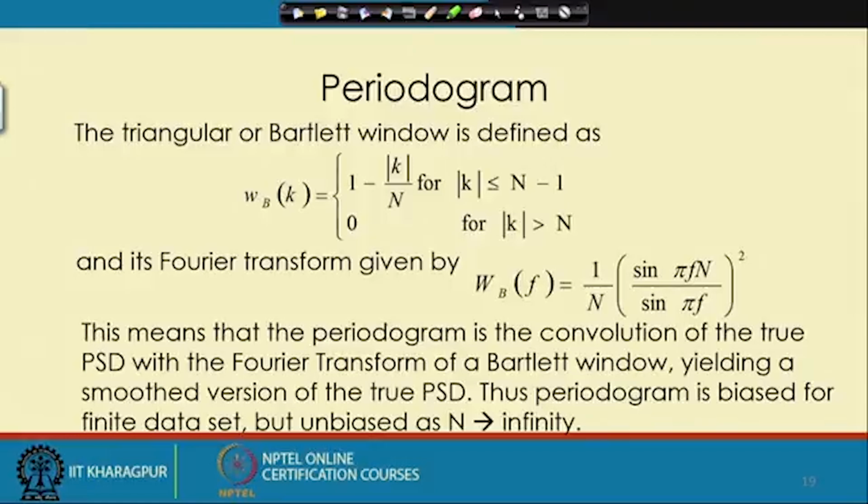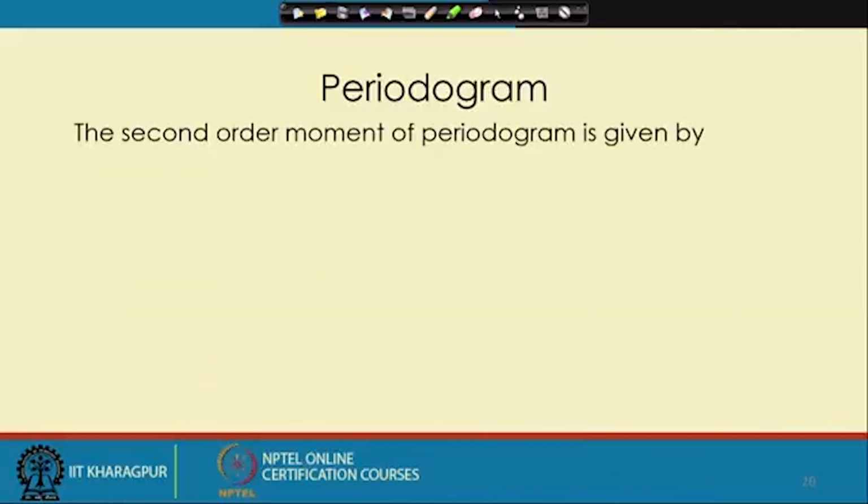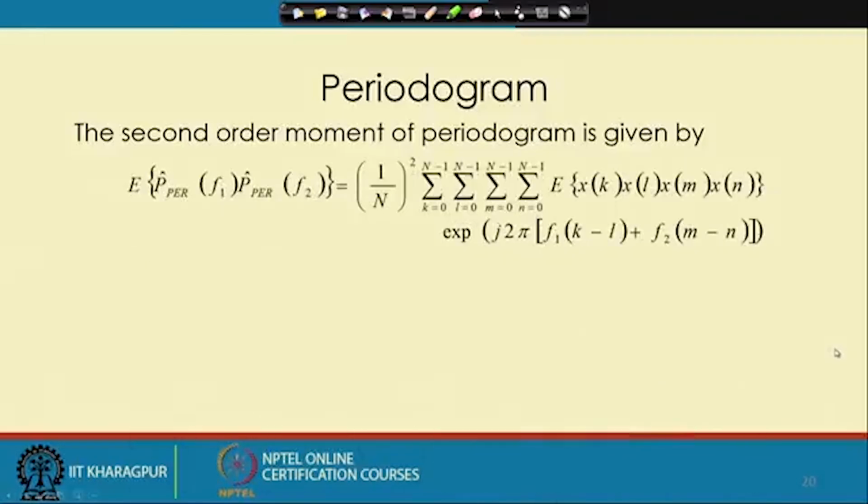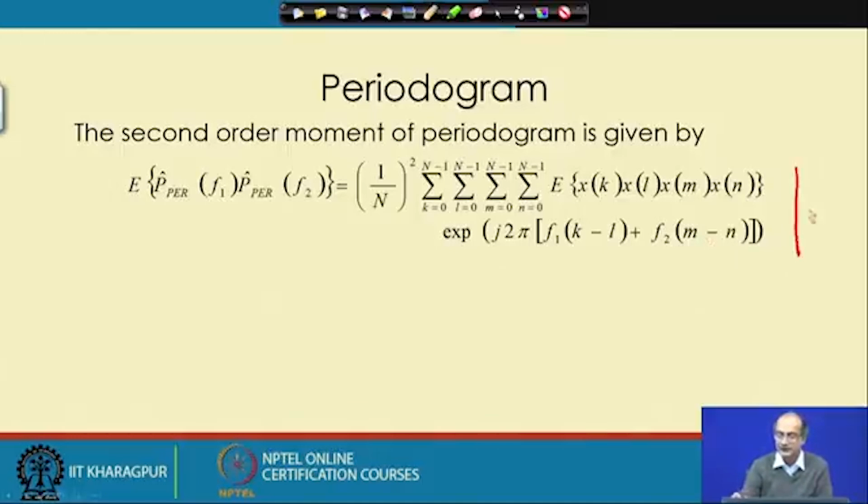we go forward to see what happens to the variance. So, for that we look at the second order moment of the periodogram. That second order moment or covariance at two frequencies f1 and f2, if we take, it is given by a bit complicated expression given here, because each of these terms actually involves two sample terms.